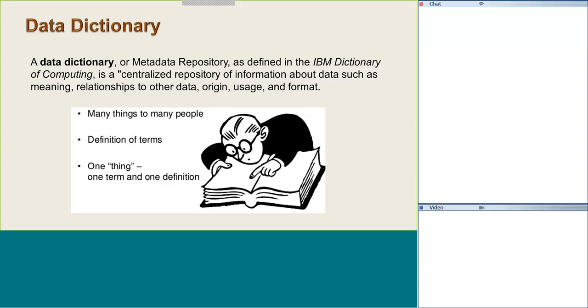And here one has to be very careful about how you define a data element. A data element or data attribute is defined in terms of the business. It is defined in terms of how the business is going to use that information, what that data element means to the business.